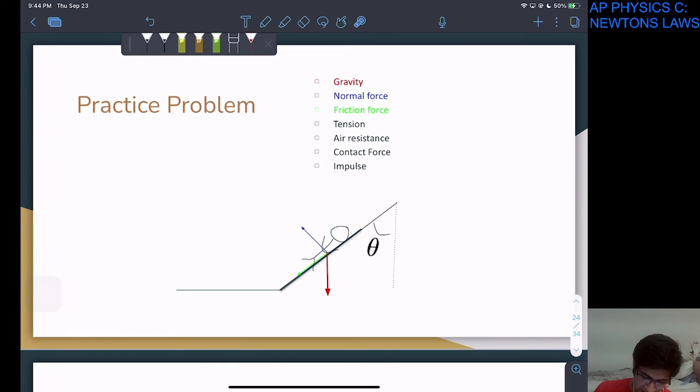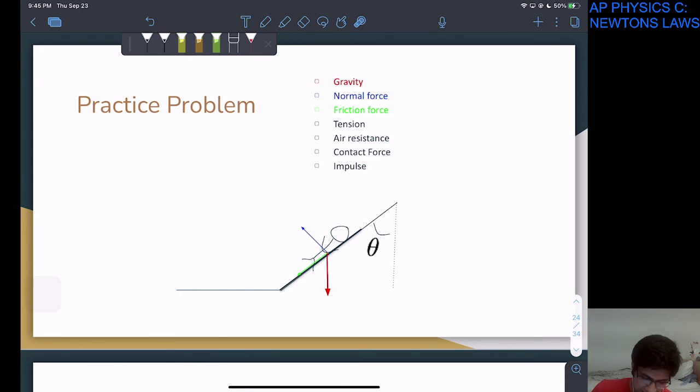You also have to think about what type of friction this is. Is this kinetic or is it static friction? If you remember, we said that static friction is when you go from at rest to in motion, versus kinetic friction, which is when you're in motion and still going.